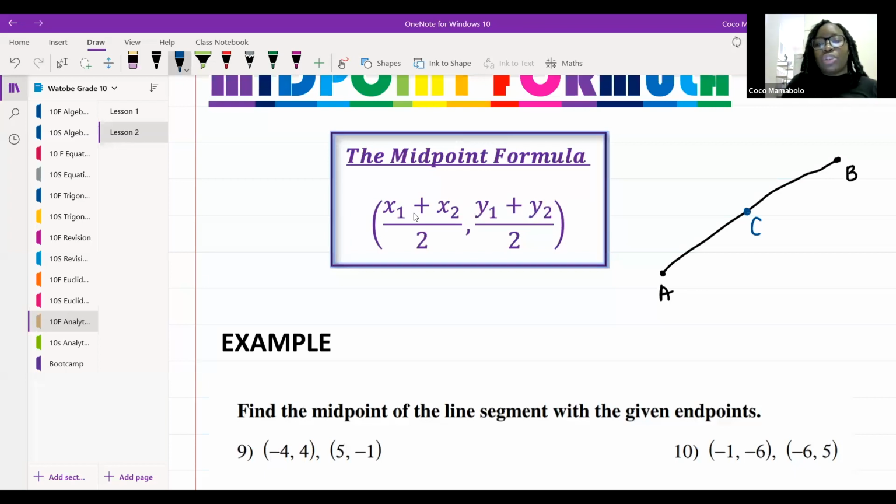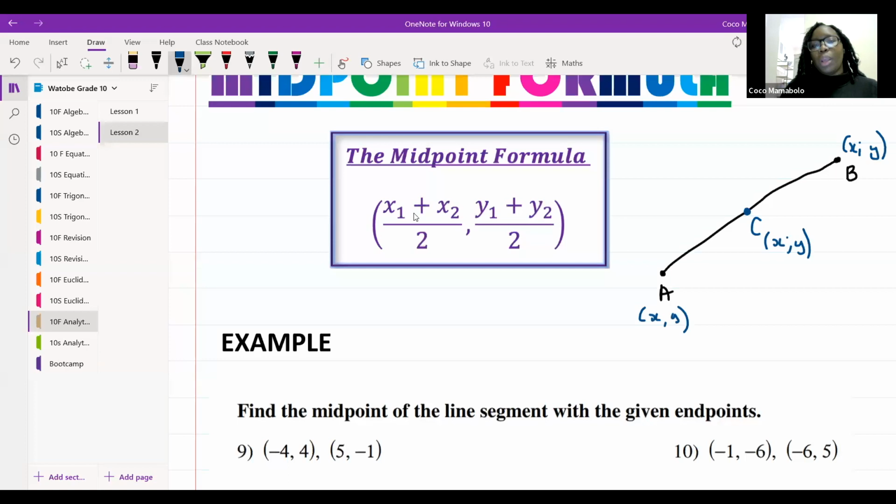But I want you to note something: A is an X and Y, and B is also an X and a Y coordinate. When I calculate for C, I'm also going to get an X and a Y. I must get a coordinate because it's also sitting on the Cartesian plane. So I can't get just an answer like we were doing with the distance formula. It can't just be like, the answer is 17, ma'am.